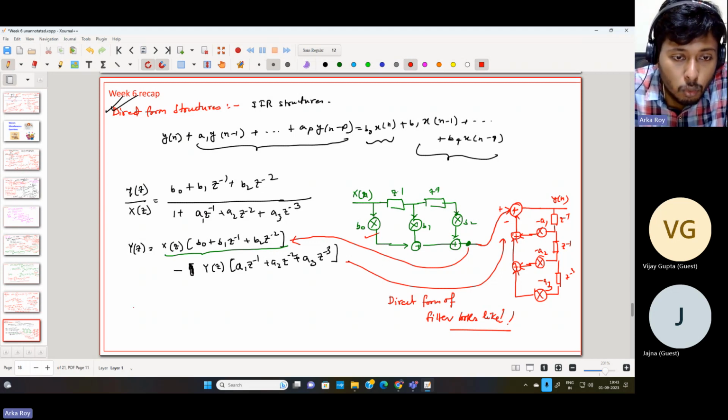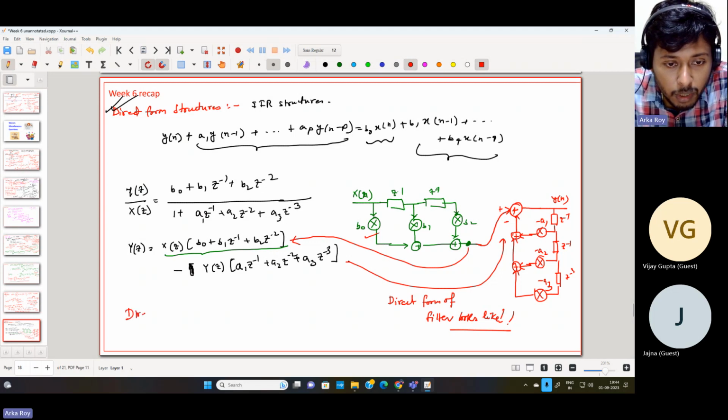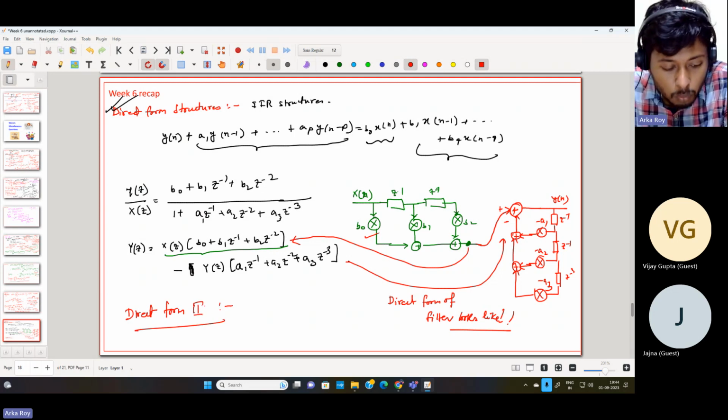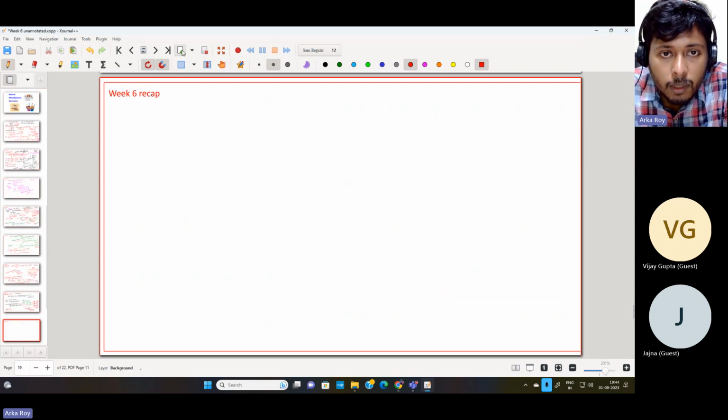So to limit that hardware resource usage, we need to visit what is called direct form 2. In case of direct form 2, we'll be able to see that the requirement of hardware resource will drastically drop. So how can we get the direct form 2?